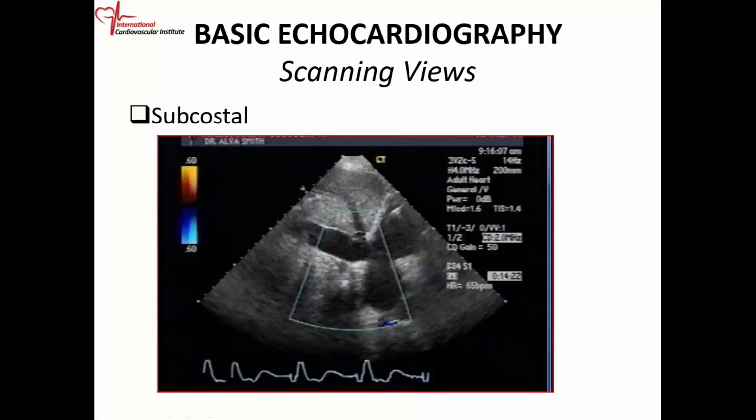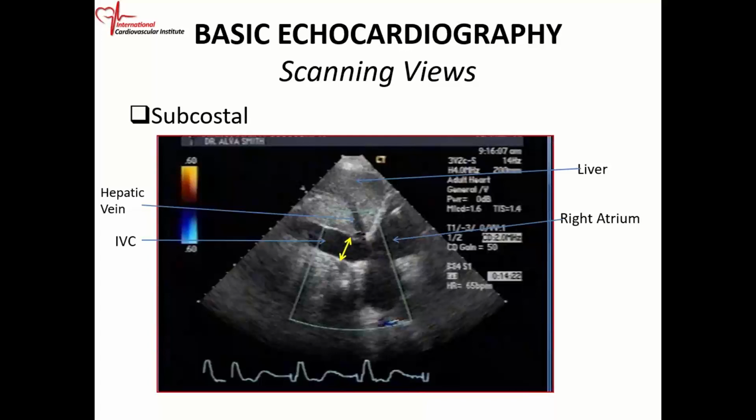So subcostal, you put the probe in subcostal, the marker towards the patient's head, and you get this. So the liver, the right atrium, hepatic vein, the inferior vena cava, IVC.